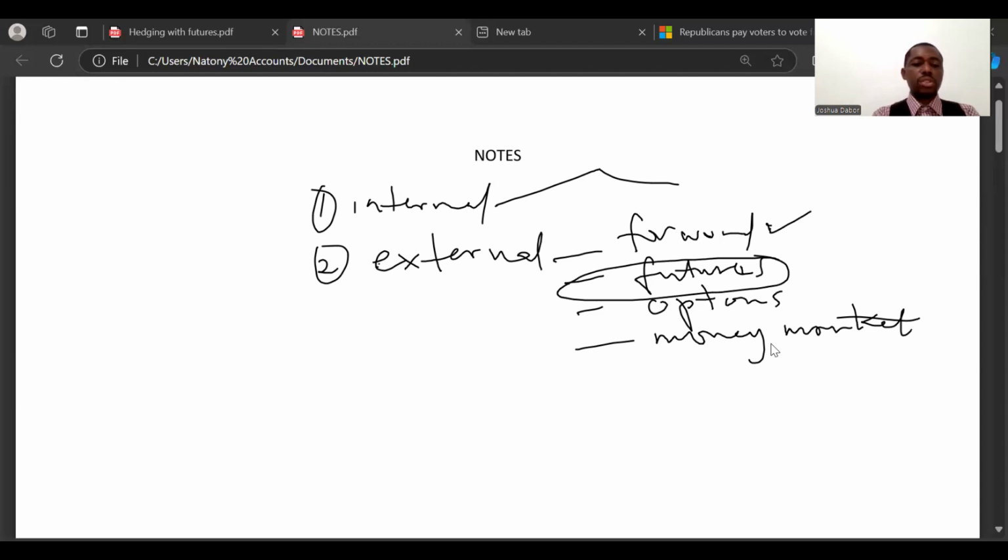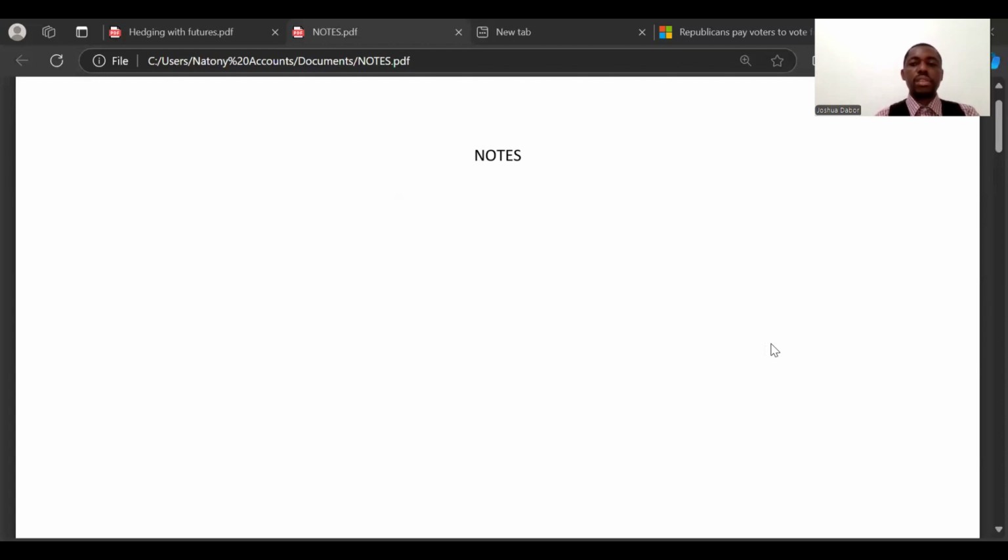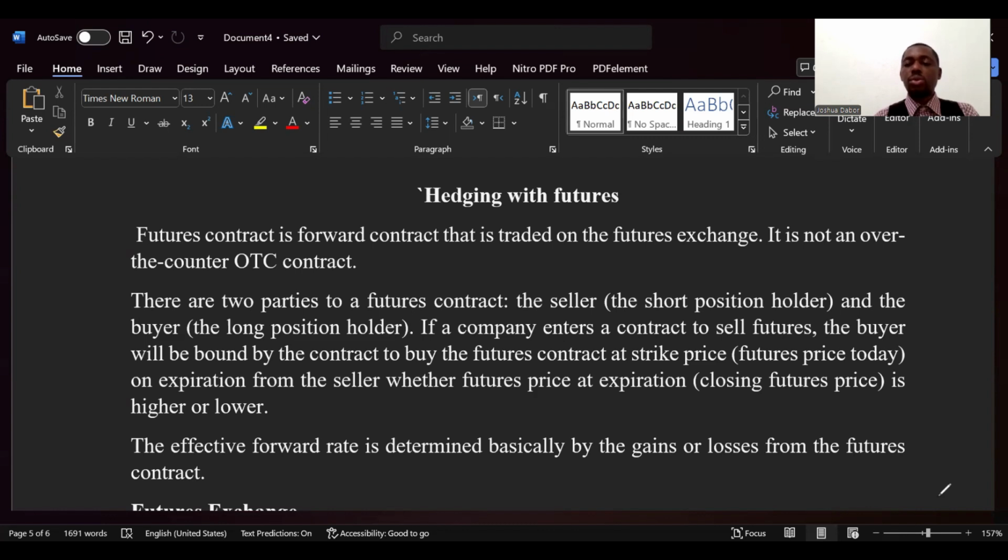So what is the futures contract? Futures contract, rather, is also a forward contract. For the forward contract, what we did last class, we said the forward contract is a financial contract to buy or sell a specified amount of currency on a specified future date at a predetermined rate.